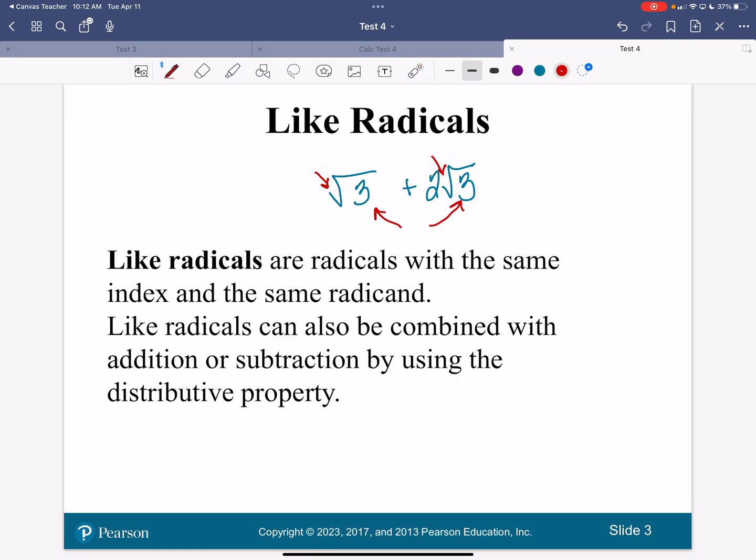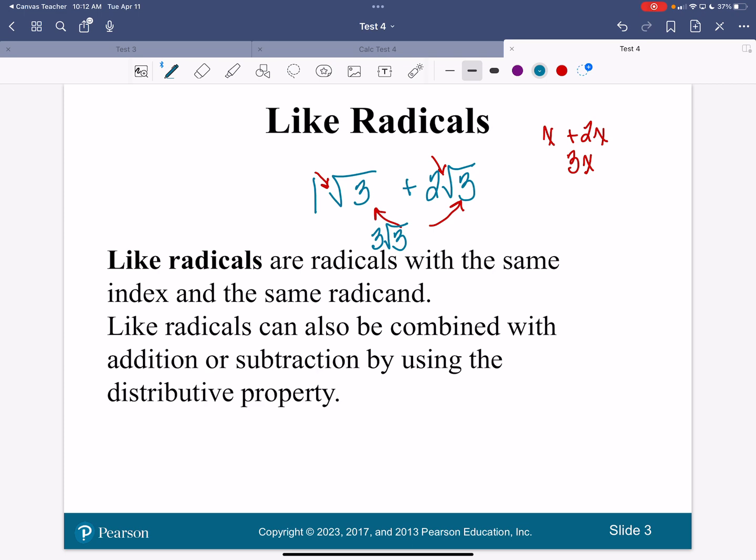Then we treat them the same way that we would treat variables. So this is similar to x plus 2x. And what is x plus 2x? 3x. So this right here is going to be 3 on the square root of 3.